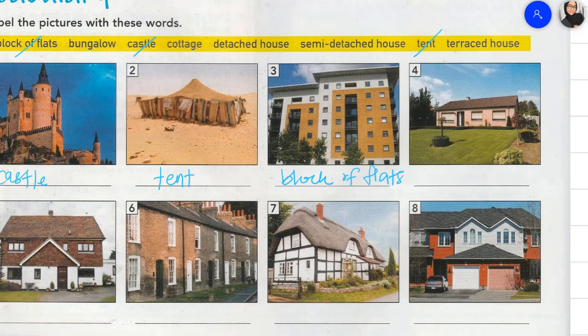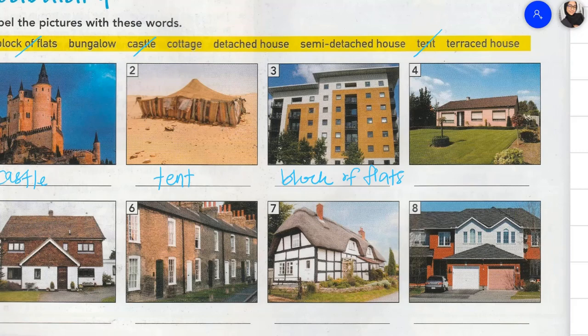Attach means bersambung, connected. So detached means tidak bersambung, not connected. So the house is going to be an individual house, standalone in a compound, right? Yes, it could be a bungalow, but a detached house is smaller than a bungalow.